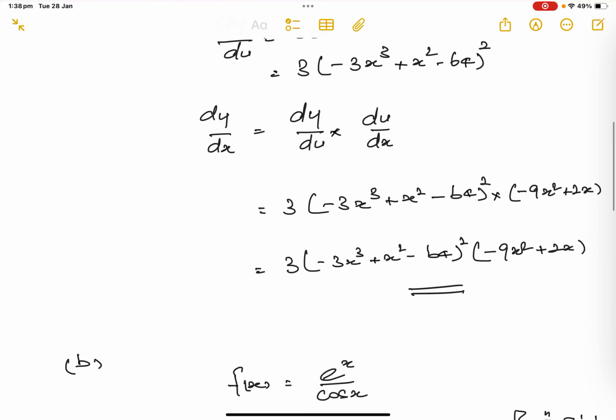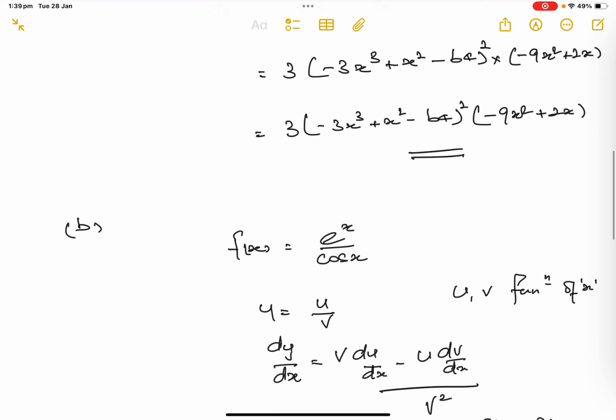Just leave it like that. So 3 times (minus 3x cubed plus x squared minus 64) squared times (minus 9x squared plus 2x). That is dy over dx.